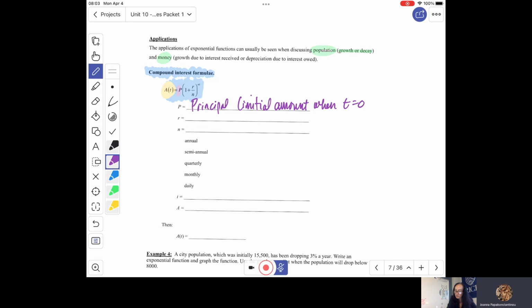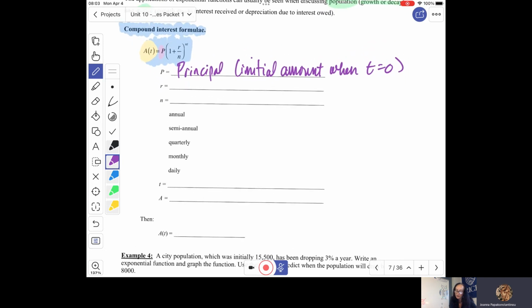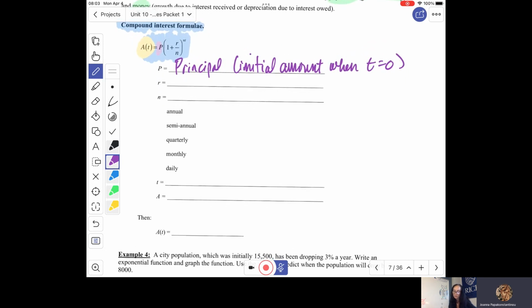So when t equals 0, I'm at my initial amount. And that kind of makes sense because if we look at that parentheses raised to some n times t, if t is 0, the exponent is 0. And so long as that base is not 0, that equals 1, which yields P.